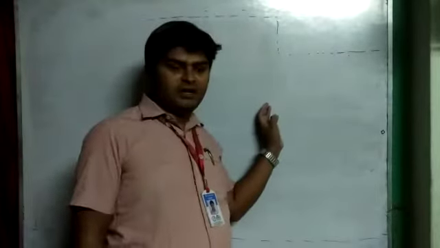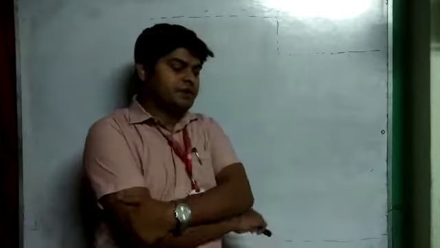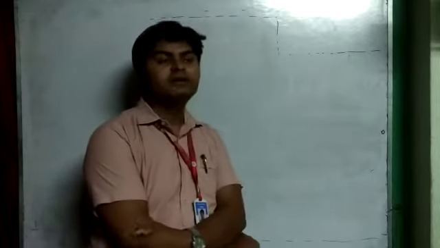Once again I am here to teach you, and as you know, yesterday I discussed the types of motion. How many types of motion? Yes, 5 types of motion. First one is linear motion, also called translatory motion.